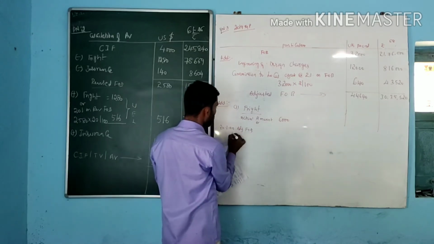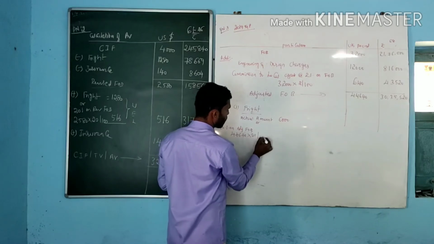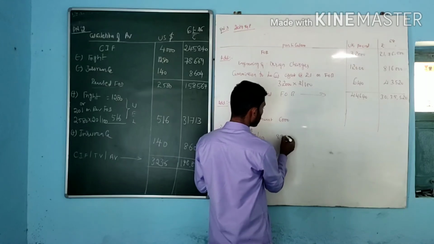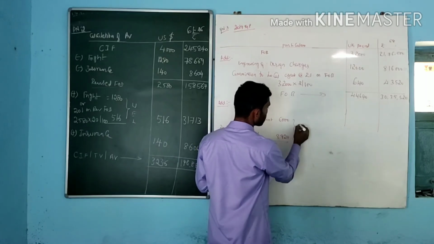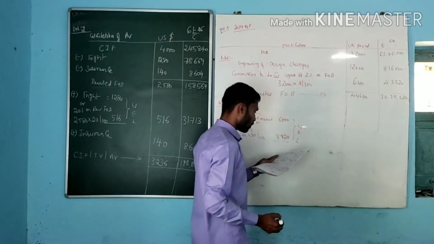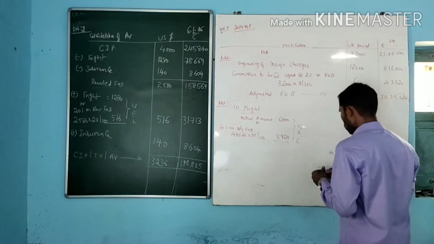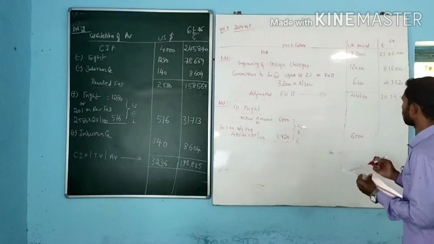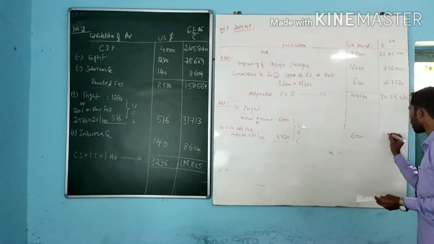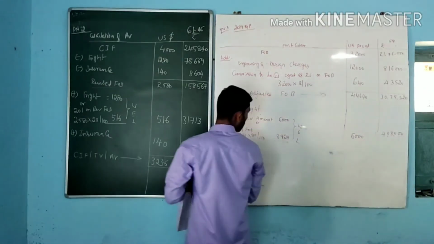Adjusted FOB 44,640 into 20%, that is 8,928. Whichever is less. So that is 6,000 is the freight amount. Convert to Indian rupees, 6,000 into 68, that is 4,08,000.